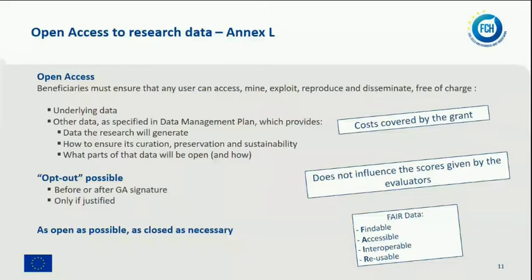This is done through the data management plan. You can opt out of this requirement. It has no influence on the scores given by the evaluator. But if you decide to opt out, you need to provide a really good justification for it. The motto is to be as open as possible and as closed as necessary.